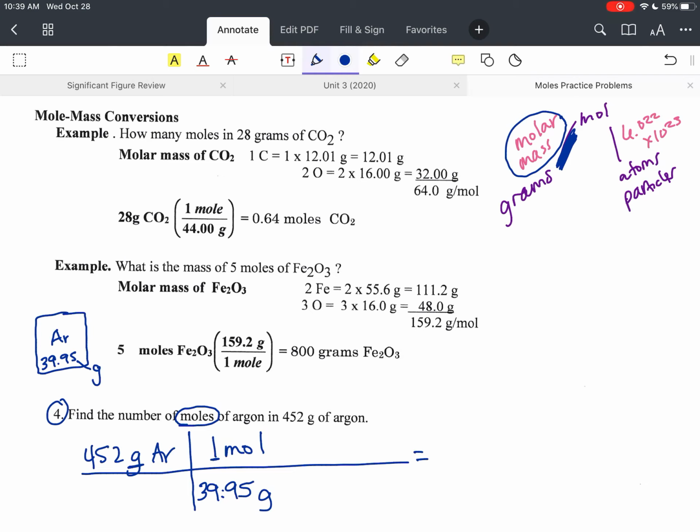So now that I have my setup, now I'm just going to type it in my calculator. So I'm going to divide.